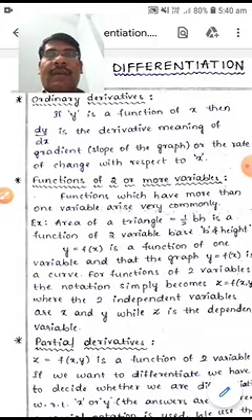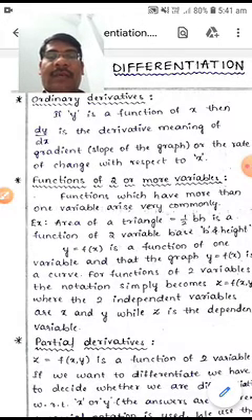Here the function involves two variables, that are x1 and x2. Suppose the area of a triangle is half of BH. Here you know the breadth and height only, then only we get the area of the triangle. Here the area of the triangle is a function of two variables.